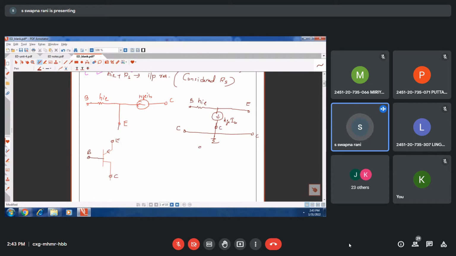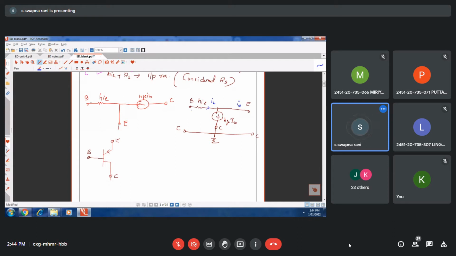So this is the approximate model of CC. Now it is in common collector configuration. The collector is grounded, and base and collector are the input terminals, and emitter and collector are the output terminals. So this is IE, IB.